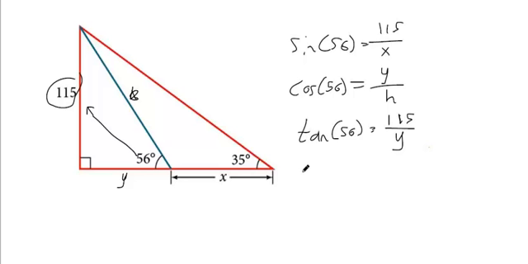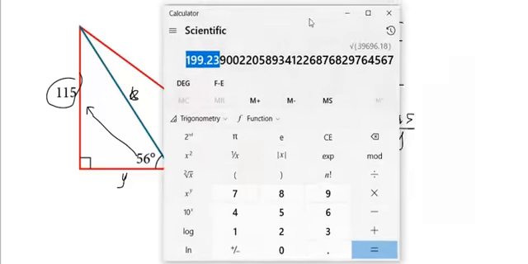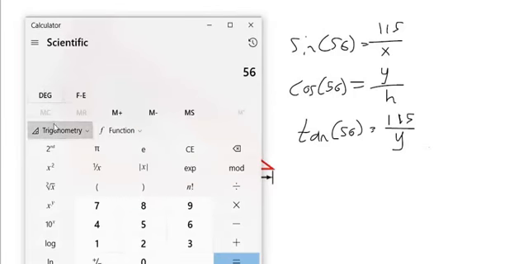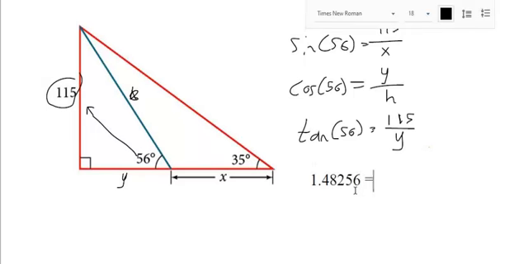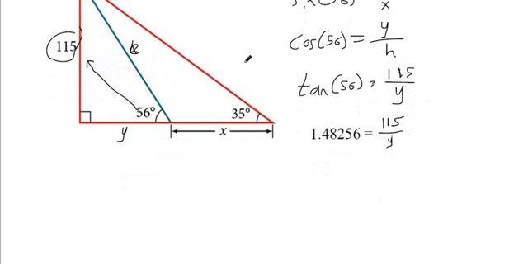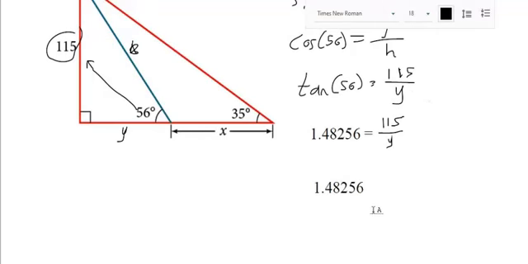So to figure that out, let's do tangent of 56 in our calculator. I'll just take some decimals. And then I'm trying to get y by itself. So I can't when it's in the bottom of a fraction. So let's multiply both sides by y. That cancels it out on the right. We've got y on the left.